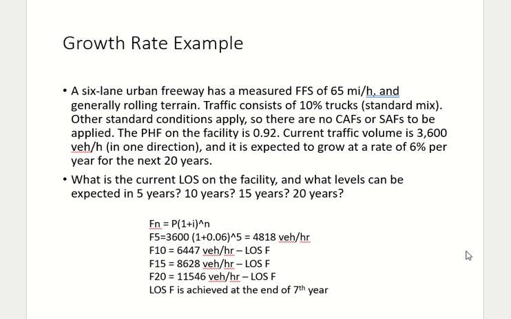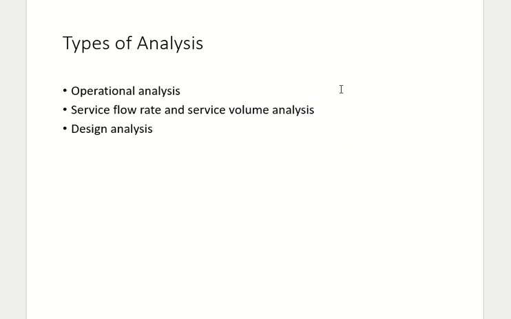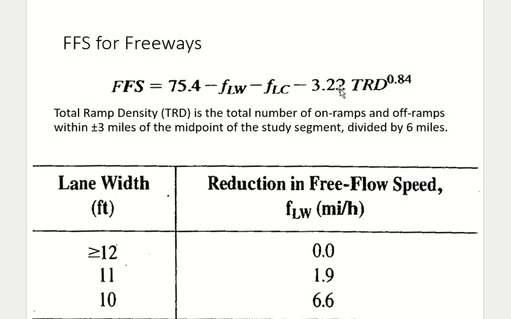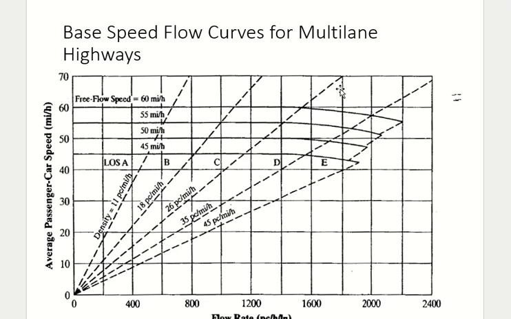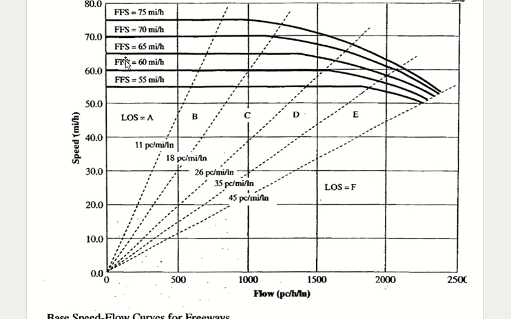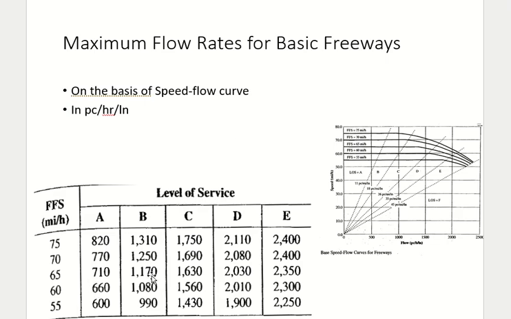I'm doing it in this example because they gave me a free flow speed of 65. For a free flow speed of 65, the curves are available in the book. You can see it here. The curve of 65 is already plotted, and for this curve they already gave me the service flow rates.